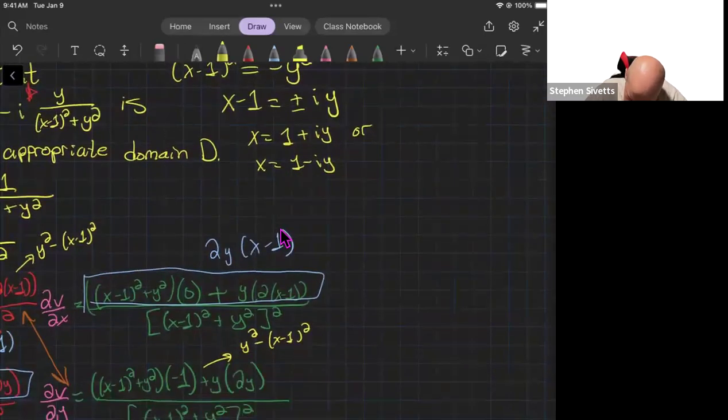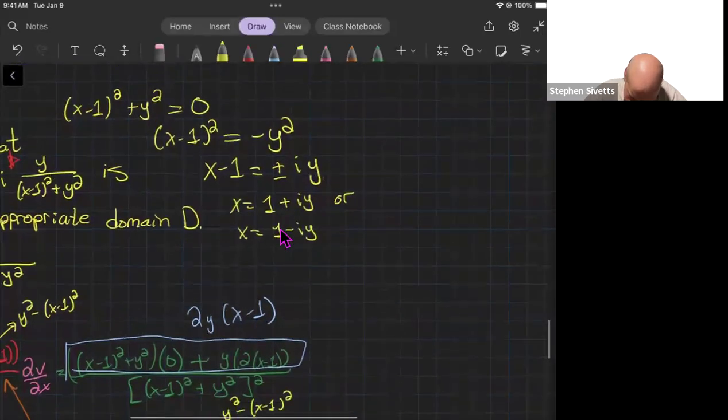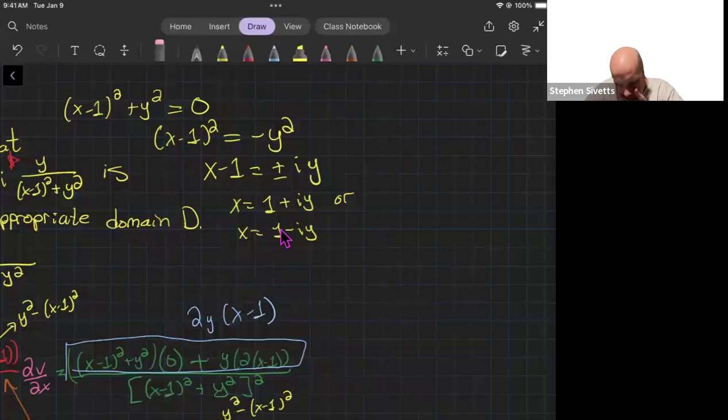So x minus iy equals 1, or x plus iy equals 1.